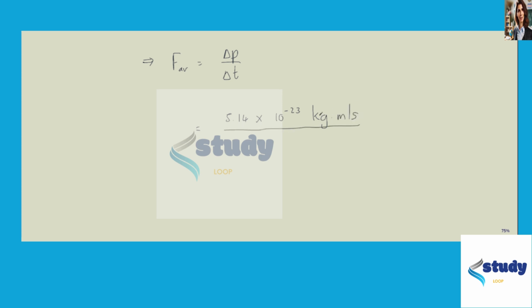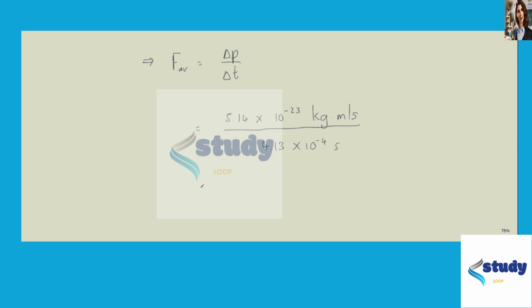And so the average force is delta P by delta T. So some finite change in the momentum over some finite time, which is 5.14 times 10 to the minus 23 kg meter per second in a time of 4.13 times 10 to the minus 4 seconds.